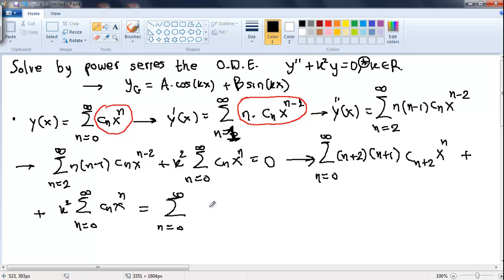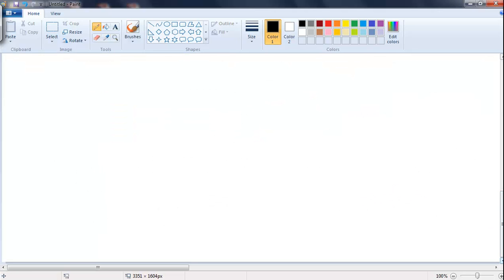So I have here the sum of [(n+2)(n+1) c_(n+2) + k² c_n] x^n equals 0.